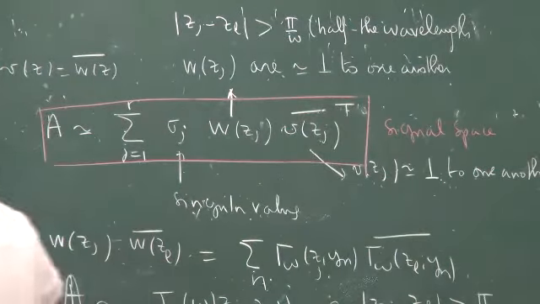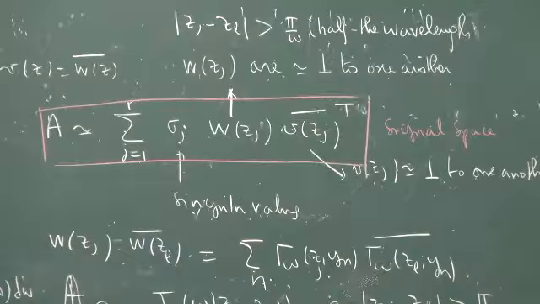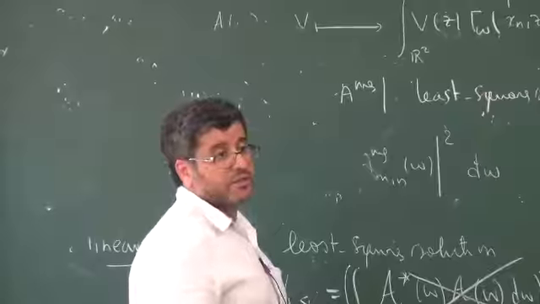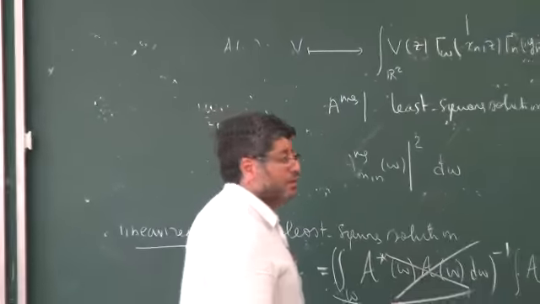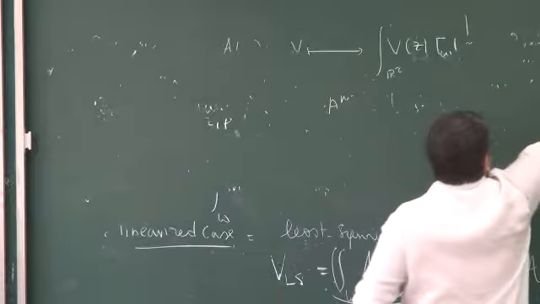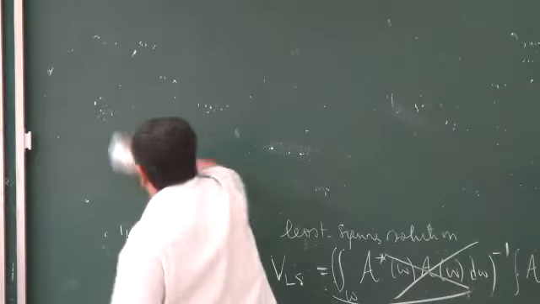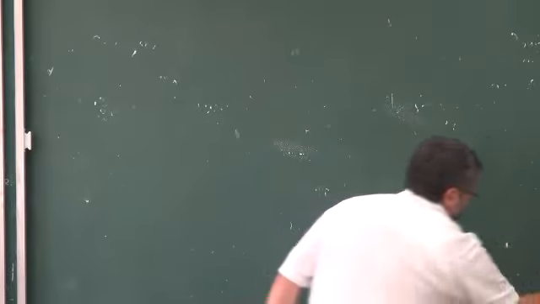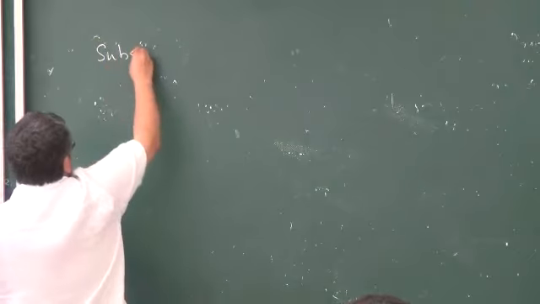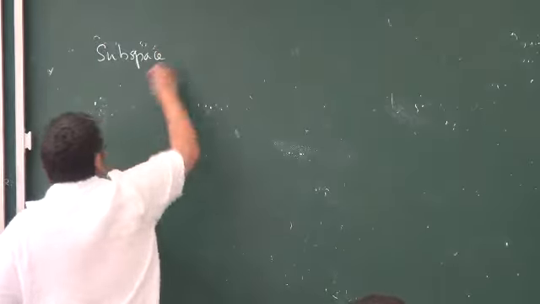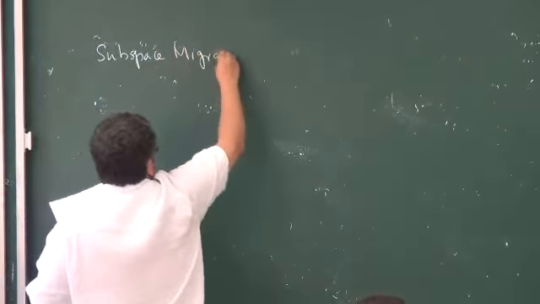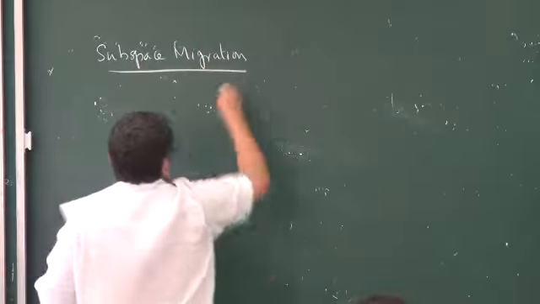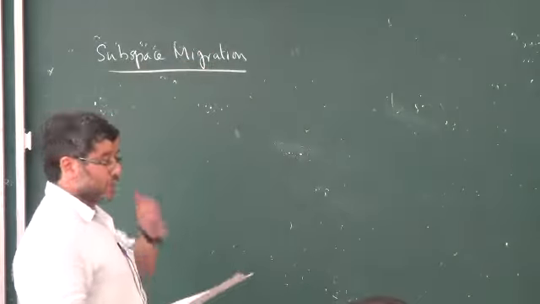So weighted subspace migration is to use the singular value decomposition of A, to use its signal space. Subspace migration is another class of algorithms. So in the first class we are using the whole matrix. Now we are using the signal space of the matrix.